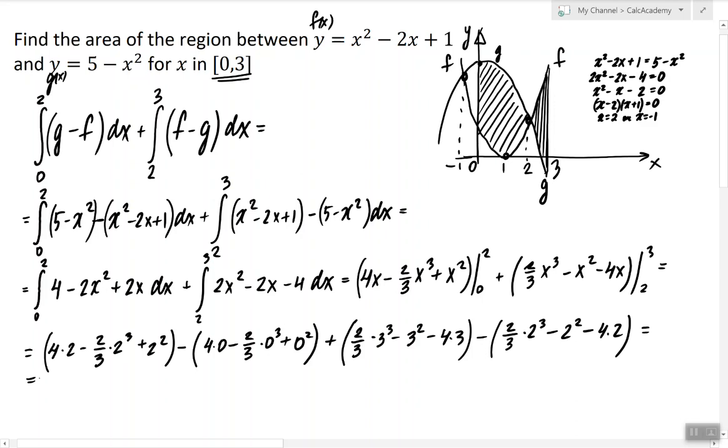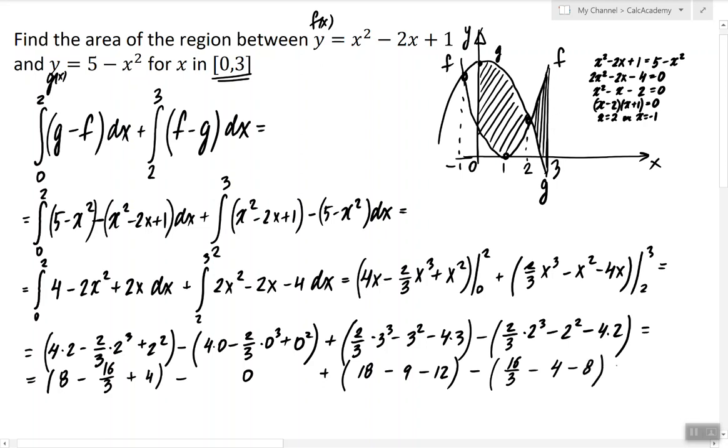And carefully, we're going to perform all the arithmetic. Here we have 8 minus 16/3 plus 4. Here we have 0. Here we have 27 over 3, 9 times 2 is 18, minus 9 minus 12, minus, and here we have 16/3 minus 4 minus 8.